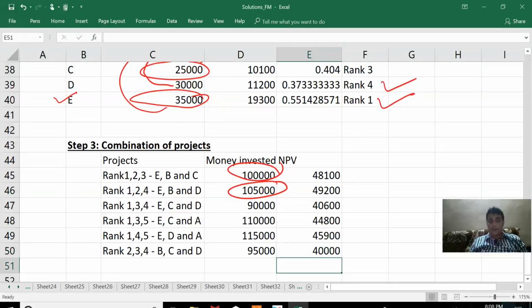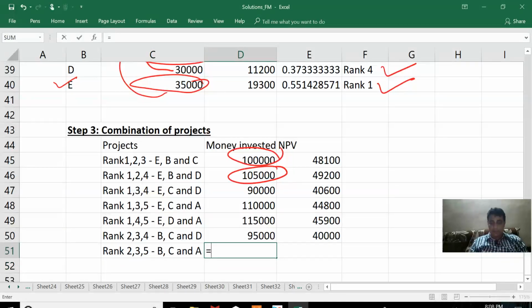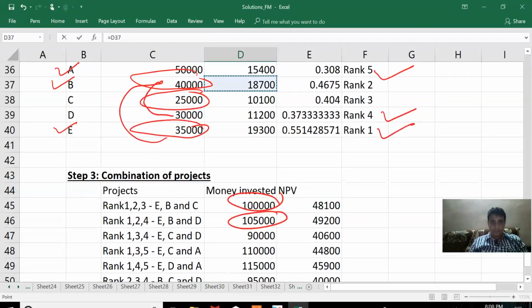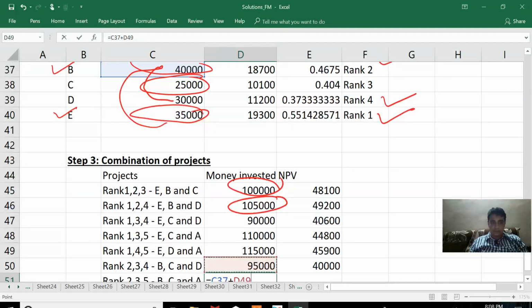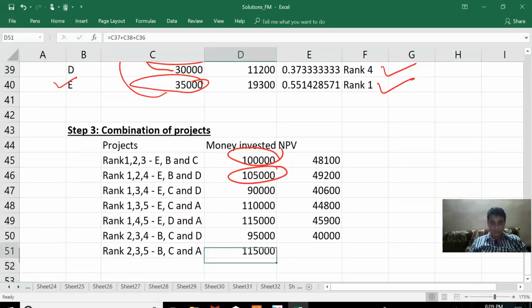Rank 2, 3, 5 which is B, C and A. 40,000, this will give me 44,200. I am just adding the NPV of those projects.